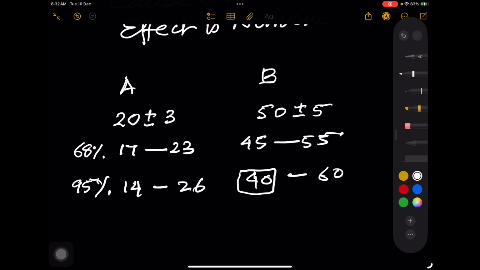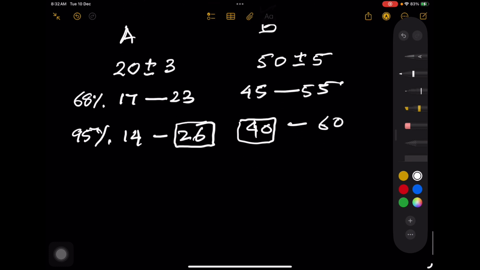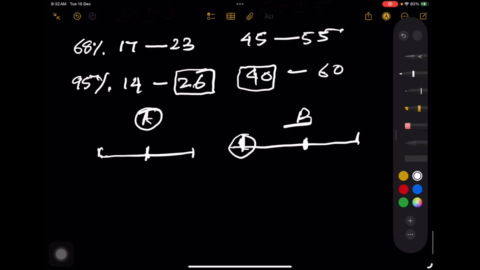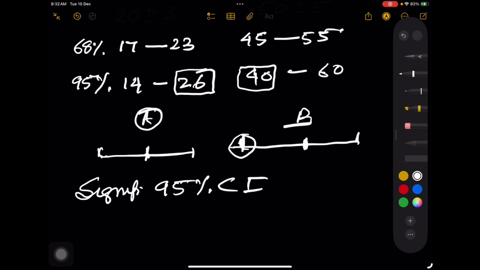So you see that the lower limit of the reduction, 95% confidence interval with B, does not overlap the highest with A. So here is the central tendency, here is the confidence interval, and here you find that the lower limit of the B does not overlap with the upper limit of A. Therefore, this is significant at 95% confidence interval. This difference is significant.